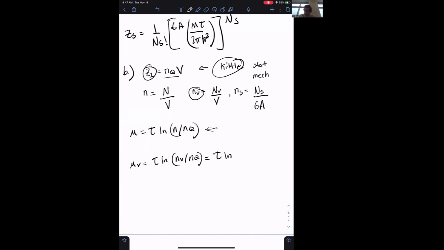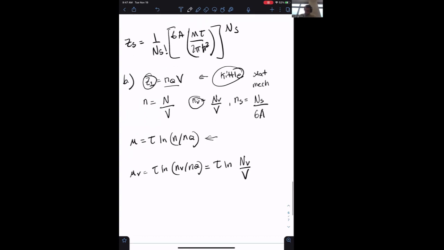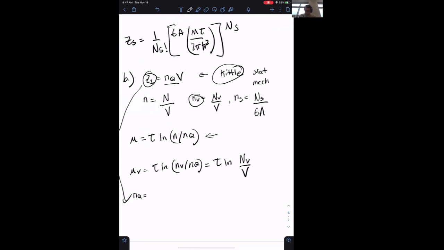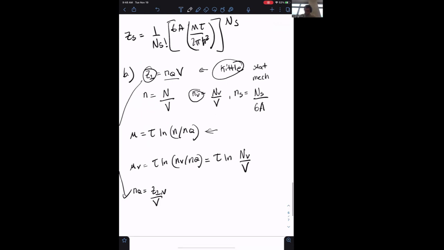So NP is capital NB divided by V, and we can rewrite this and solve for NQ is equal to Z1 divided by V. If we're talking about the volume, this is Z1V, and this is in the denominator, of course.